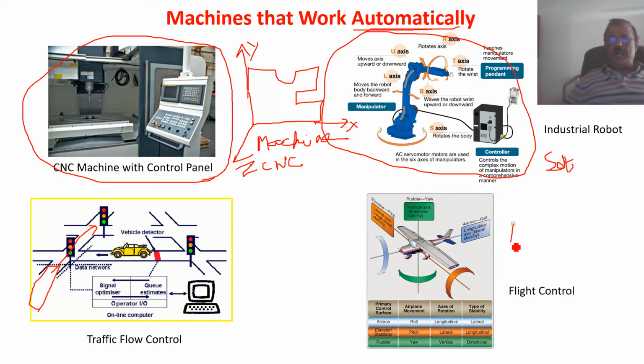Suppose we are talking about the autopilot system when you are flying an aircraft. It has to fly from point A to point B. First, it has to take off. Then it has to cruise. It has to take turns. All these kinds of things happen.